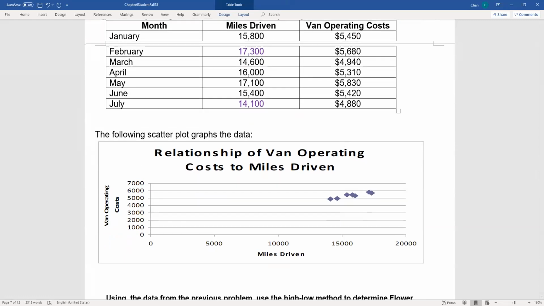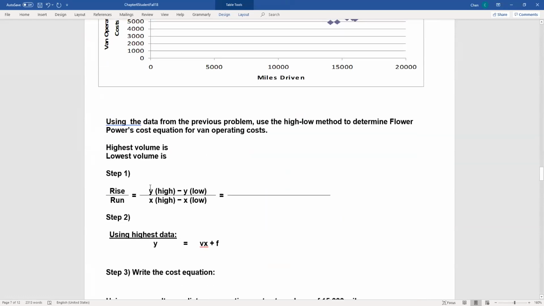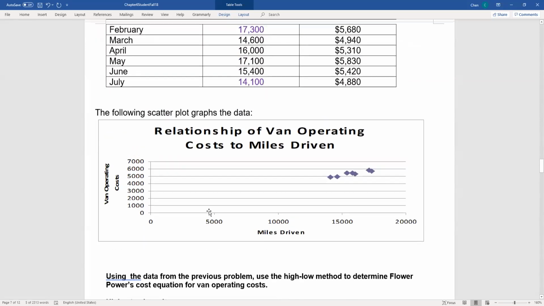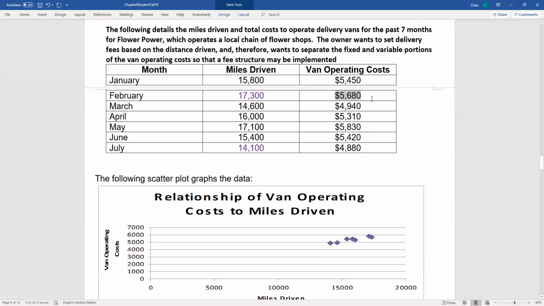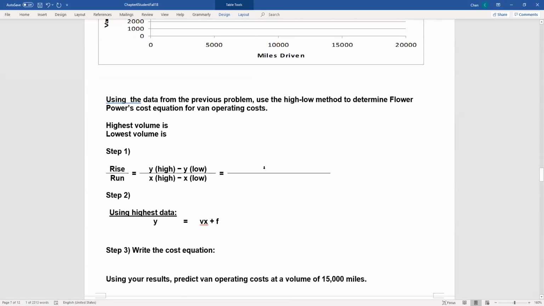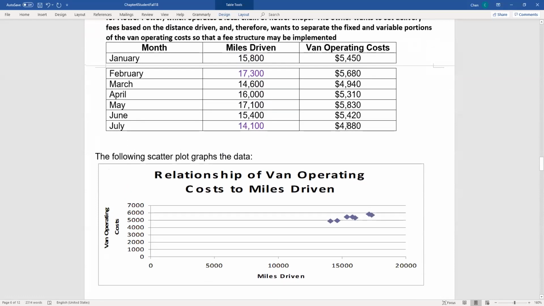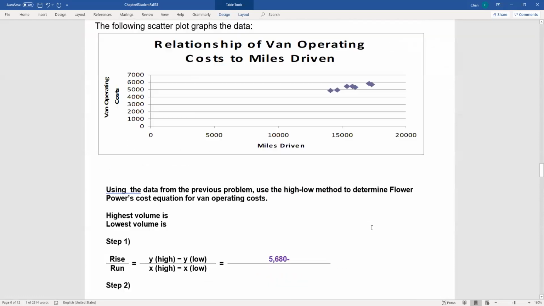So on top of the line, we should put Y, which is the total cost, and use the highest point minus the lowest point. The highest point is 5,680, and the lowest point is 4,880.